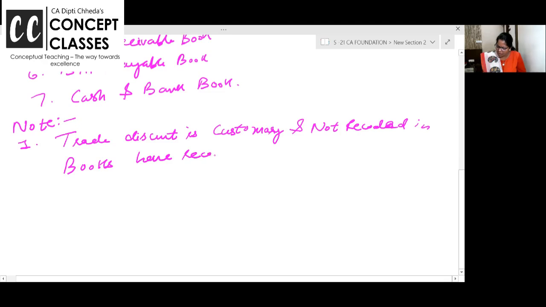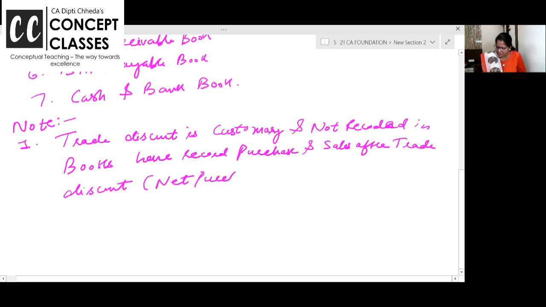Hence record purchase and sales after trade discount. It is called as net purchase. You purchased for 1000, the shopkeeper gave you 100 discount. For you, what is the net purchase? 900.